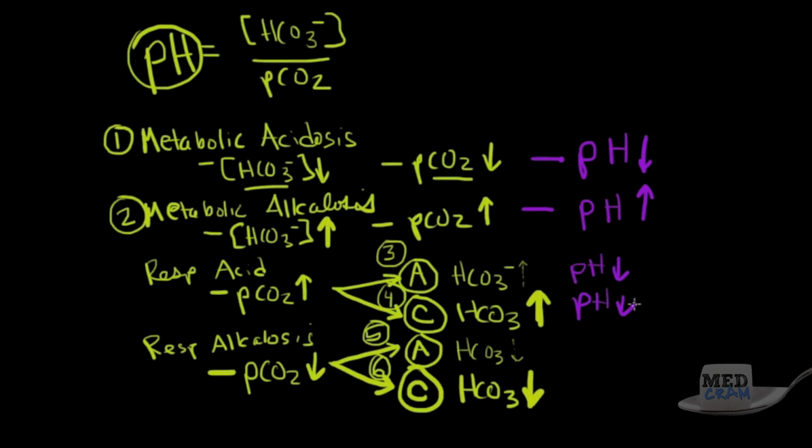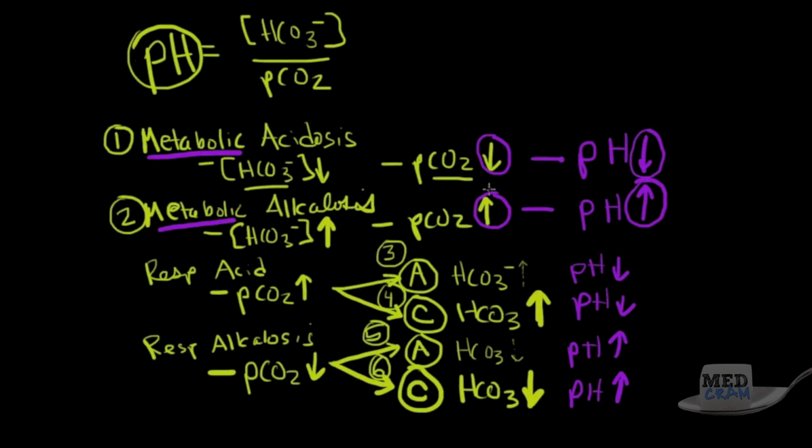And here, respiratory alkalosis, the pH is up. Now, I want you to notice something. Whenever we have a metabolic process, the PCO2 and the pH are going in the same direction.